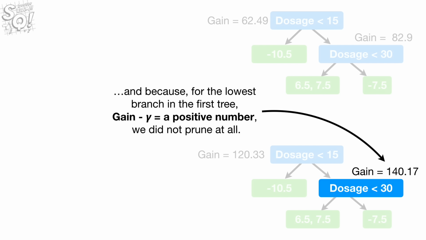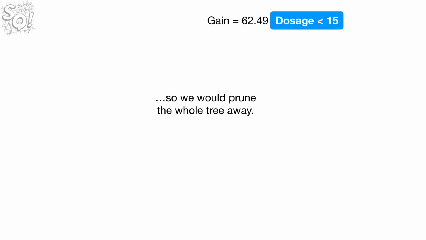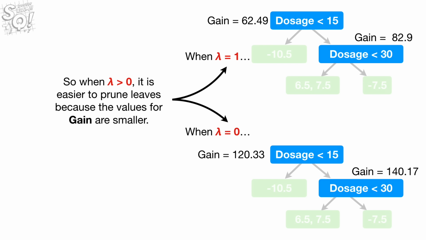And because, for the lowest branch in the first tree, gain minus gamma equaled a positive number, we did not prune at all. Now, with lambda equals 1, the values for gain are both less than 130. So we would prune the whole tree away. So, when lambda is greater than 0, it is easier to prune leaves because the values for gain are smaller.